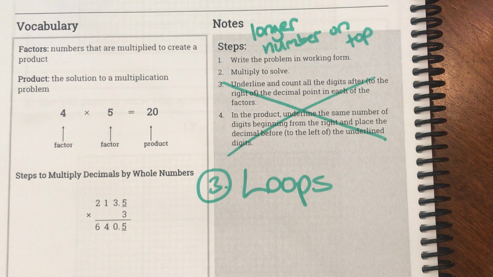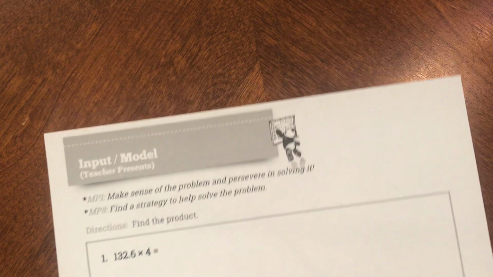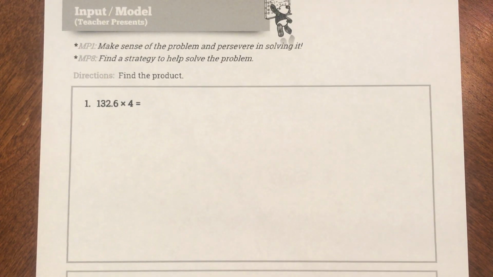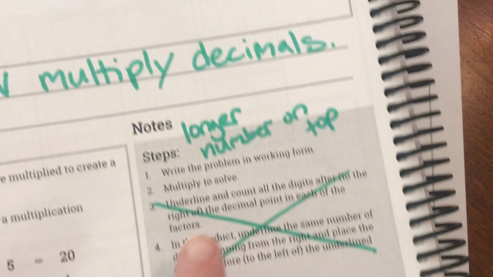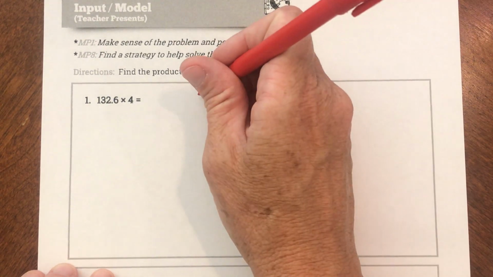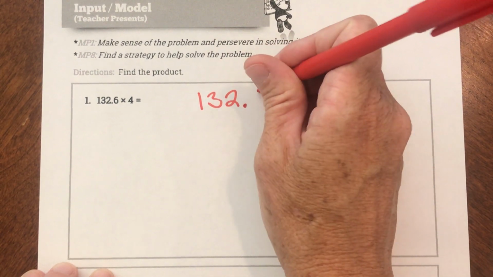So I'm going to grab my red pen. If you want to set down your pencil and just watch me for a second. Here is my problem, and I'm going to be doing a couple with you today. So my first problem says 132 and 6/10 times 4. Okay, so if I was to set this up with my longer number on top, it's clear it's going to be this one because that's 4 digits long. So I'm setting it up, and notice I'm not even worried about the decimal.